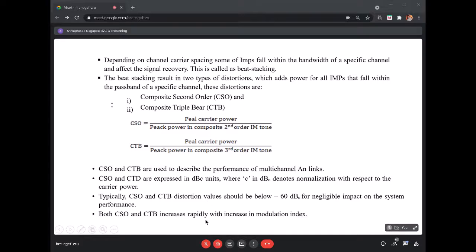Both increase with the increase in modulation index. The CSO and CTB increase rapidly with the increase in the modulation index.